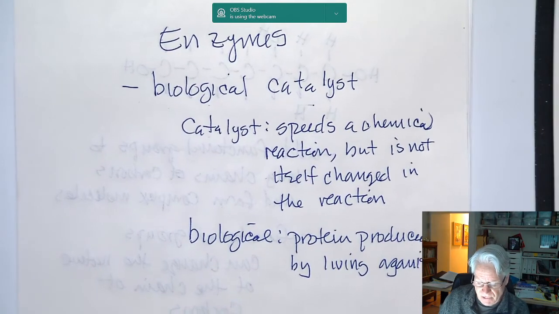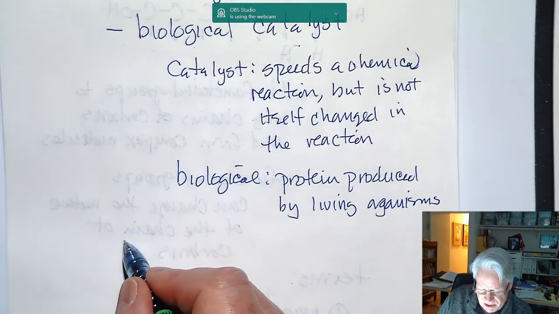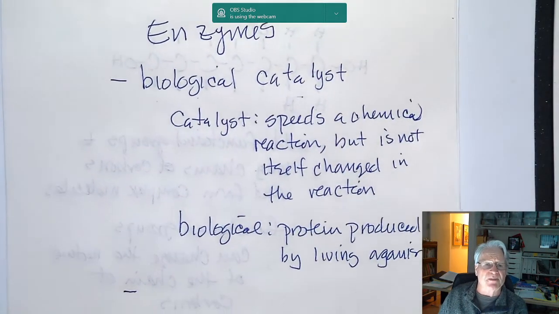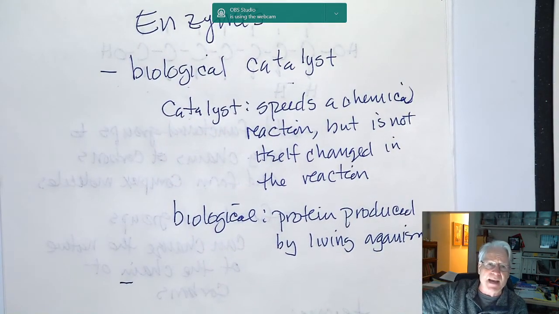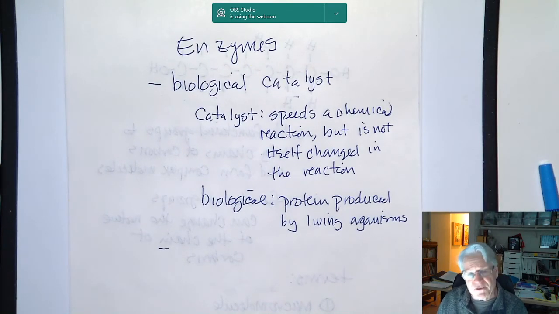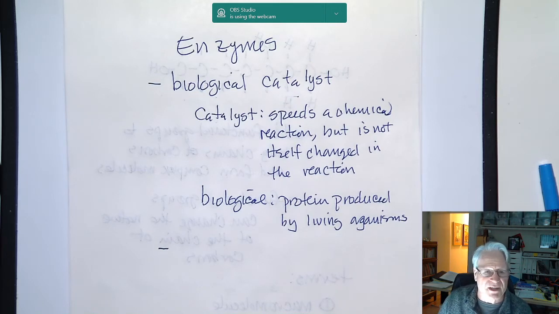Enzymes are capable of speeding up chemical reactions, and they're absolutely essential for life. Life could not exist as we know it without enzymes. So enzymes are extremely important in the functioning of your body, because without them, you couldn't exist.